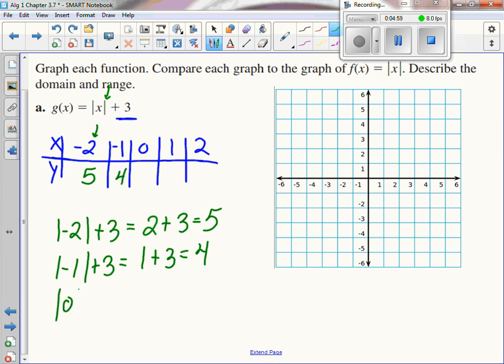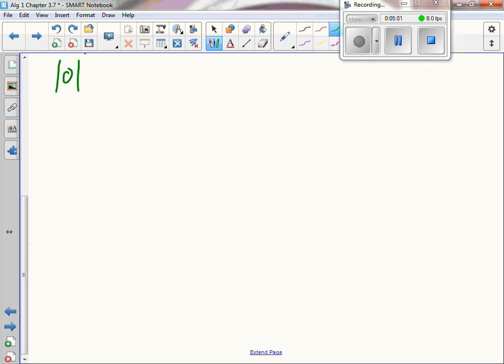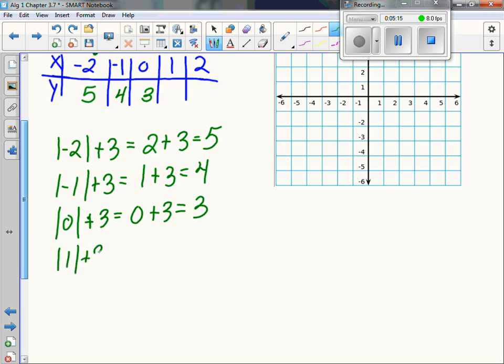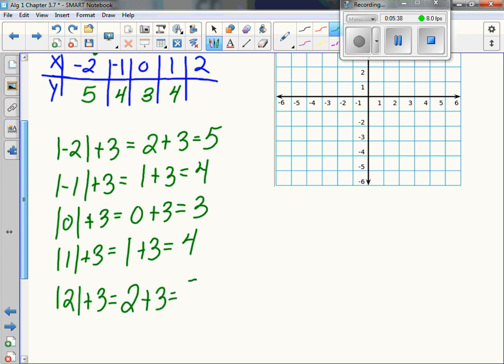Now 0: the absolute value of 0 is 0, plus 3 gives me 3. What's the absolute value of 1? And for 2: the absolute value of 2 is 2, plus 3 gives me 5.